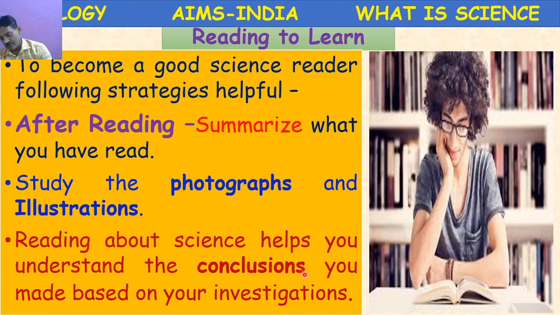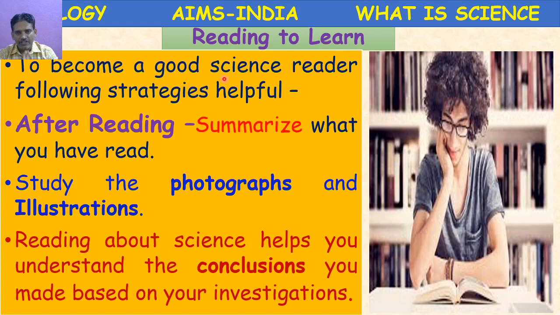Next, writing. How reading and writing help in your scientific work. It is not so simple to do an investigation. An investigation or a research or an experiment needs initiation first.